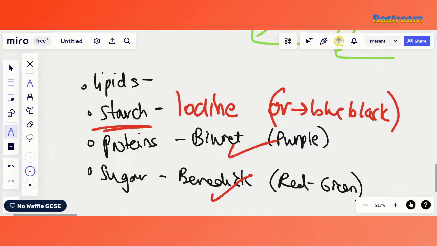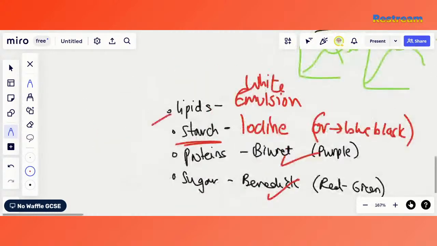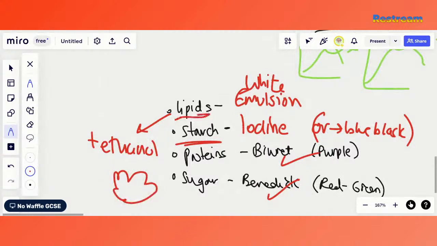And for lipids, we use... oh no, sorry, it's the emulsion test. This is when there should be a reaction between the lipids and ethanol, and it produces a white emulsification, almost cloudy white on top, and then you know that there's lipids present in there.